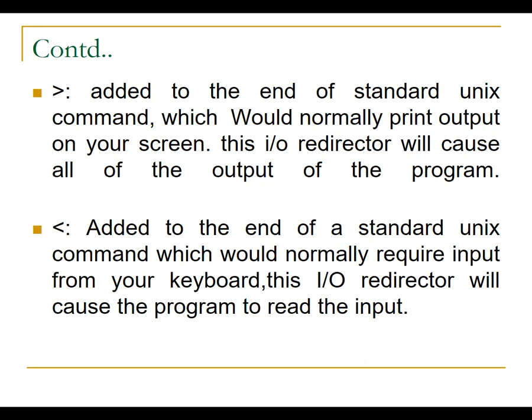This input output redirector will cause all the output of the program to be redirected. Less than is added to a standard Unix command which normally requires input from your keyboard. That means greater than and less than differ in input and output.